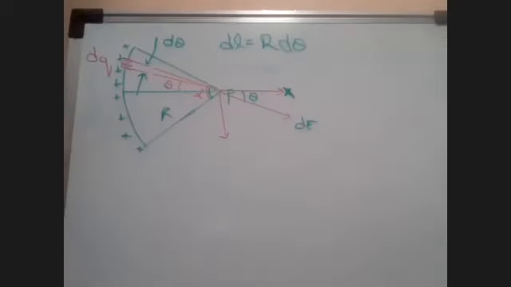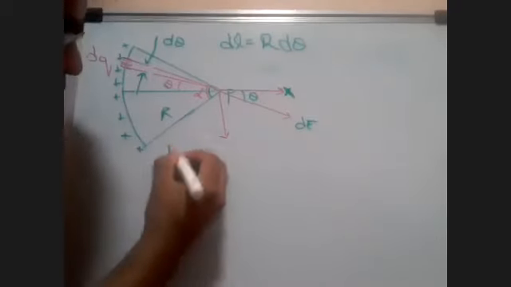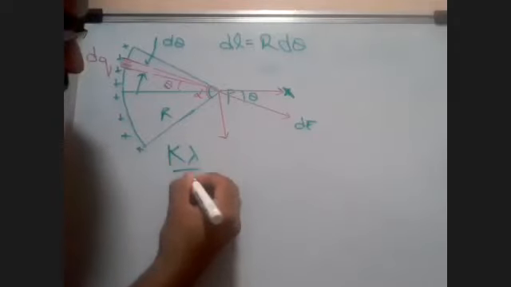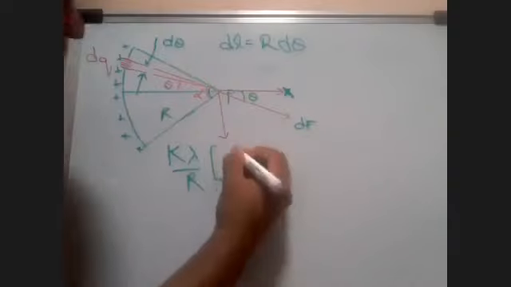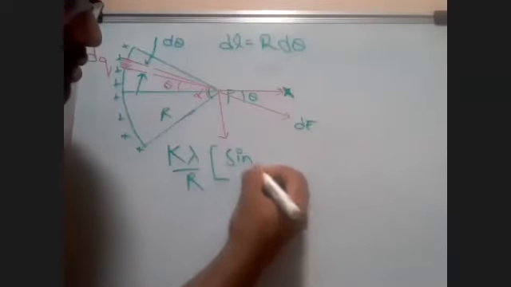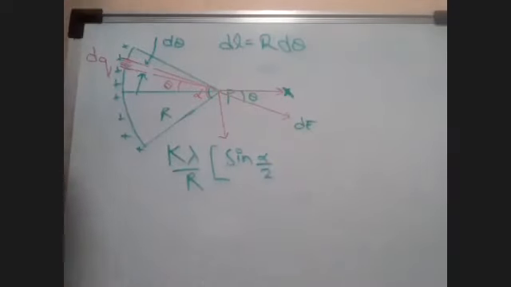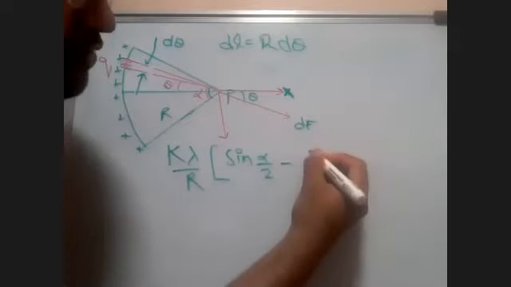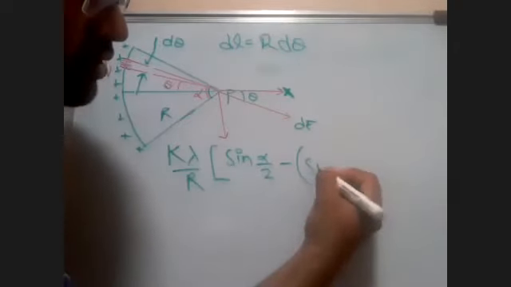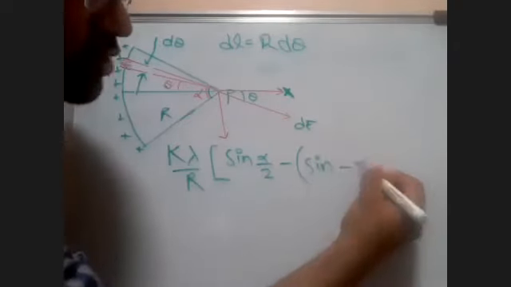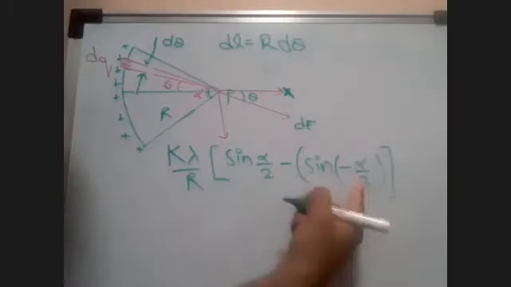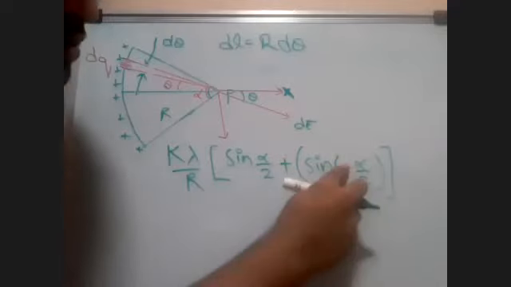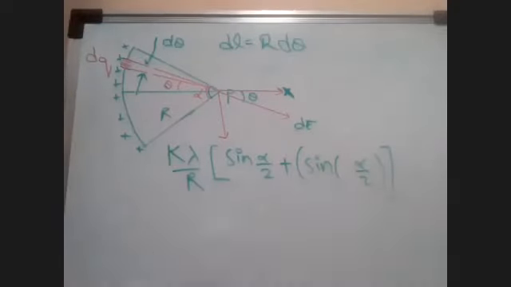That will be written as k lambda by r, sin alpha by 2 minus sin of minus alpha by 2. This minus will come out and it will become plus, since sin of minus theta is minus sin theta.